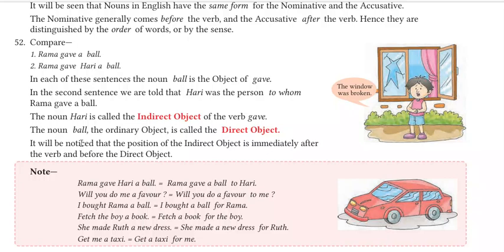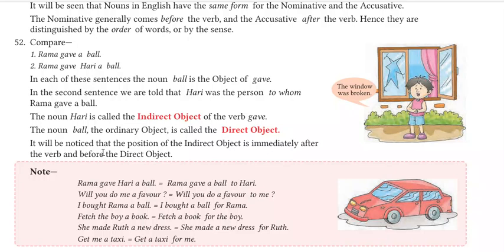It will be noticed that the position of the indirect object is immediately after the verb and before the direct object. Here comes an important discussion regarding direct and indirect objects. They are both objects in a sentence, but the names are different, and how to identify them is very essential.